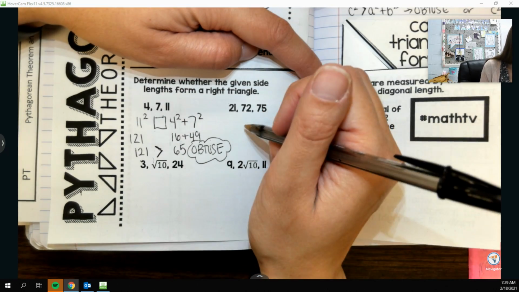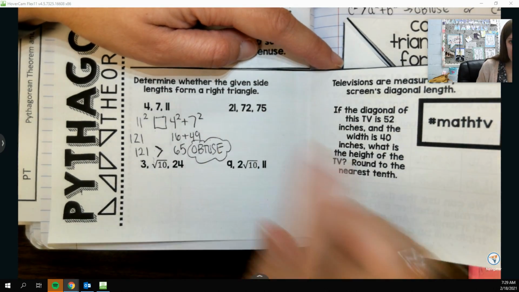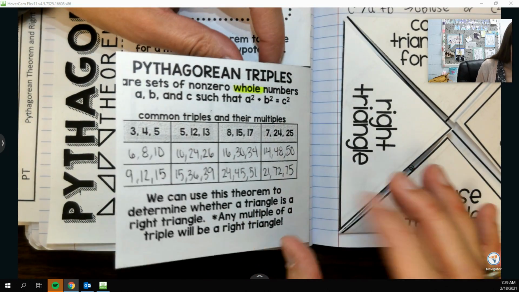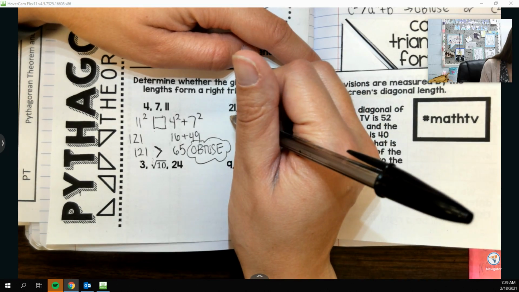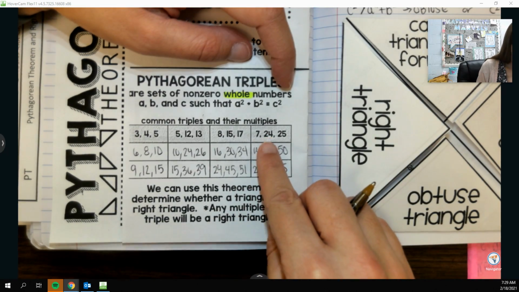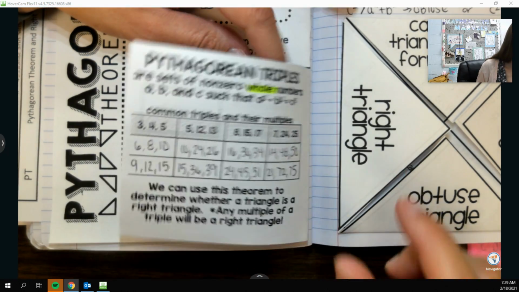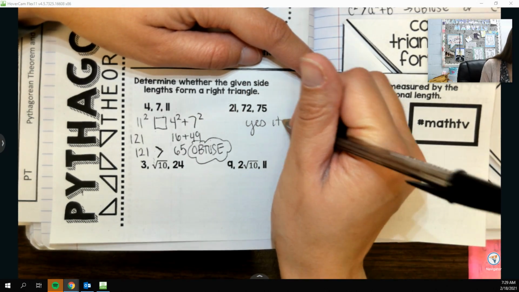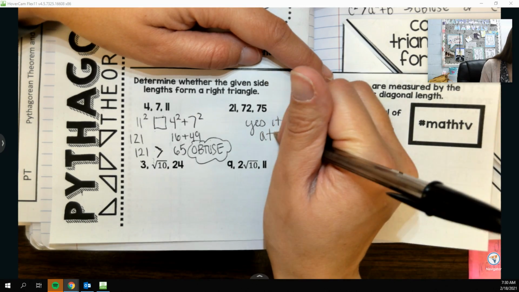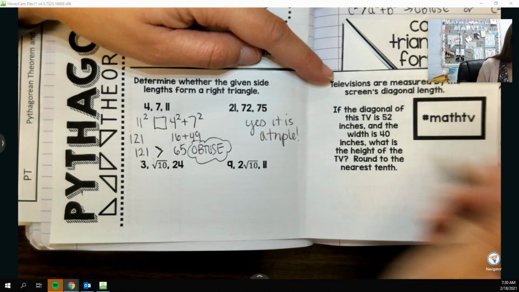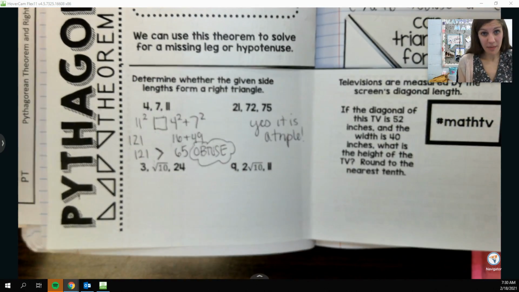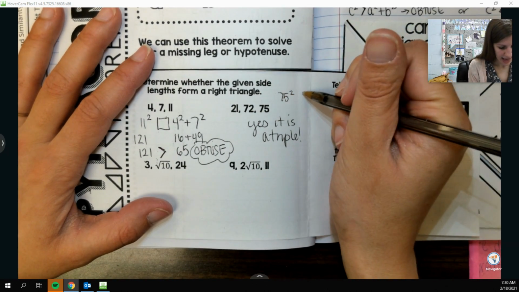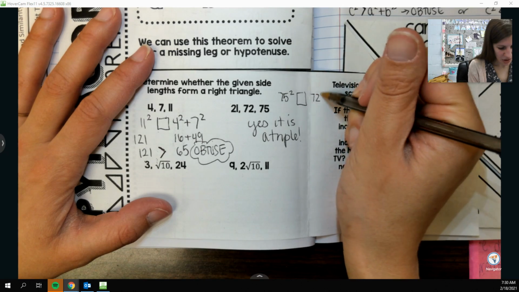So another one here to try. I feel like, didn't we have this on the front? 21. Yeah, so they're all divisible by 3, and they get back to this triple here. So yes, this was one of our triples. Now, you can always show that by doing 75 squared and then 72 squared.